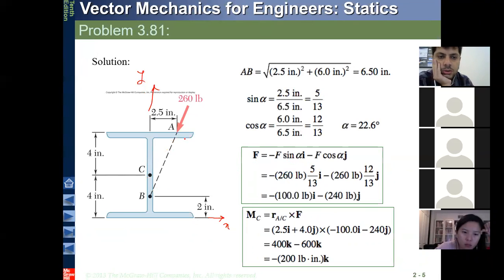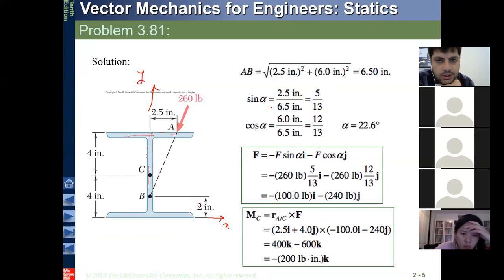Based on the geometry, you can calculate the length of AB, which is equal to the square root of 2.5 squared plus 6 squared, where this side is 6 inches, because from the top wing to C it is 4 inches, and from C to B it would be 2 inches. So you're going to have AB equal to 6.5 inches.